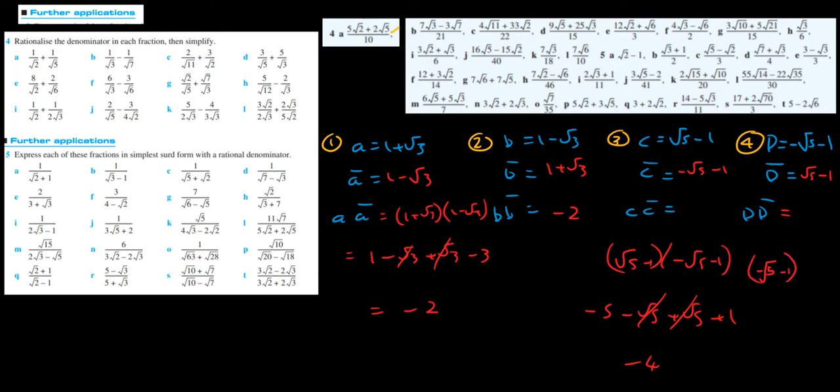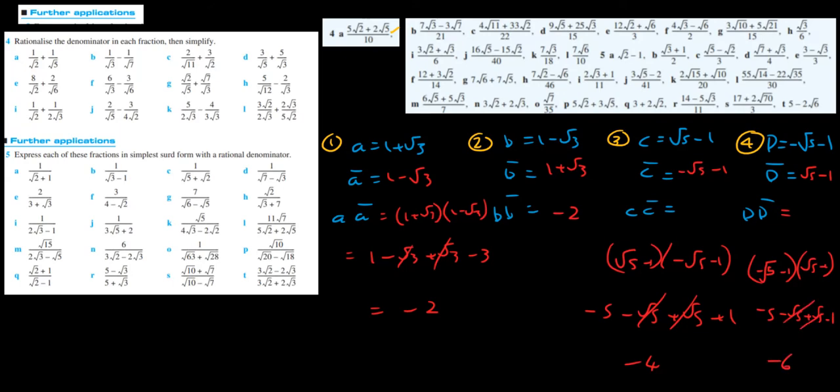Minus 1. Root 5 minus 1. So we get negative 5, negative root 5, positive root 5, negative 1. That goes, negative 6.